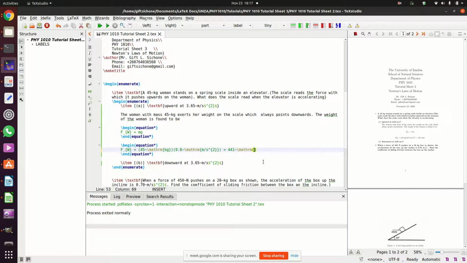We have multiplied her mass, which is 45 kgs, times the acceleration due to gravity, which is 9.8 meters per second squared. The size we have been given is 441. What are the units of weight?